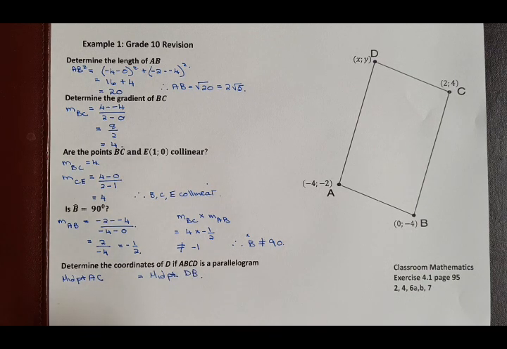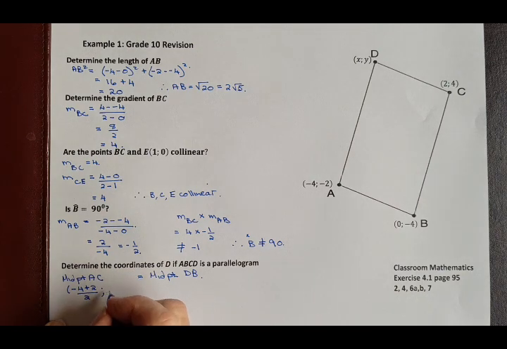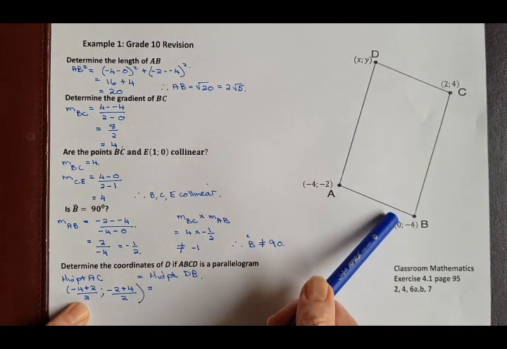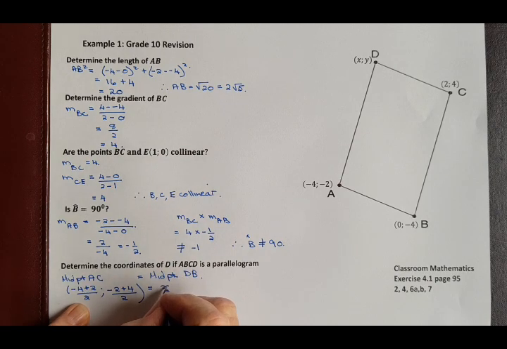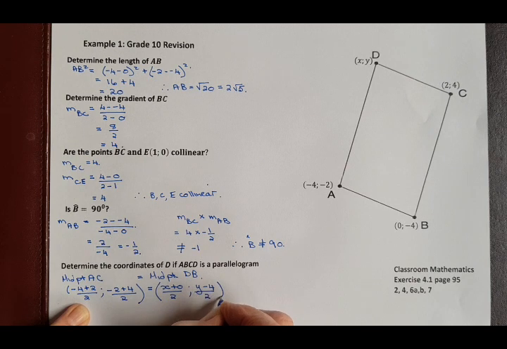So the midpoint of AC, we have minus 4 plus 2 over 2, minus 2 plus 4, and it must equal the midpoint of BD, x plus 0 over 2, y plus minus 4 over 2.